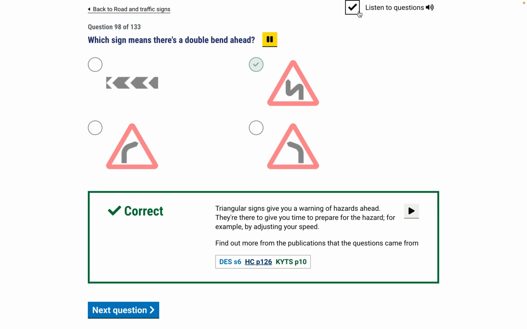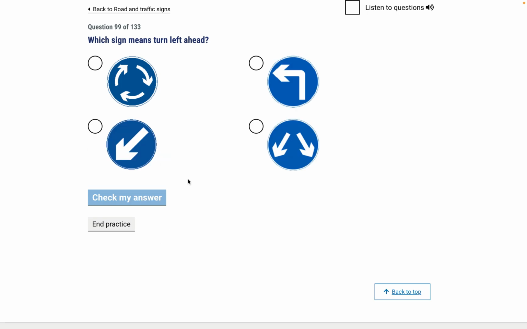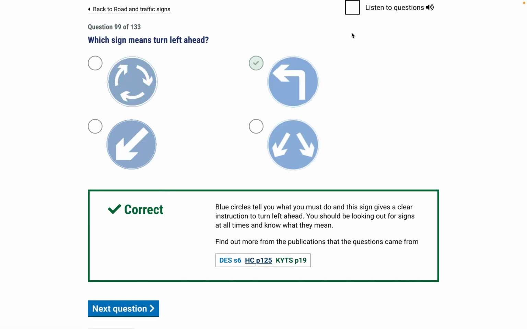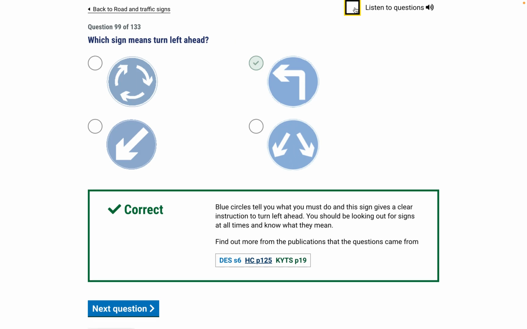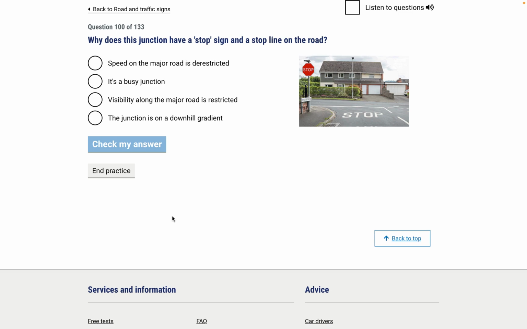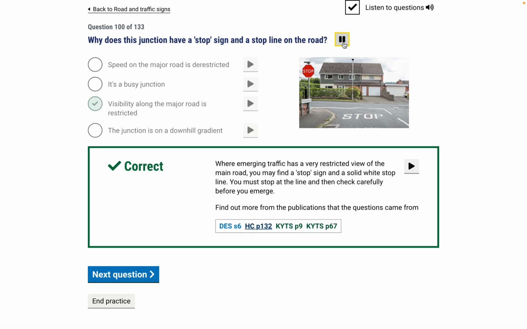Which sign means there's a double bend ahead? Which sign means turn left ahead? Why does this junction have a stop sign and a stop line on the road? Visibility along the major road is restricted.